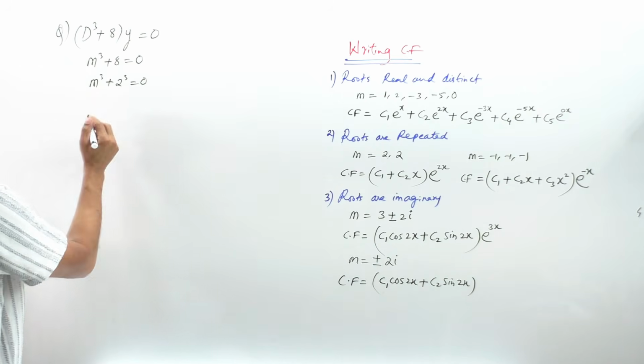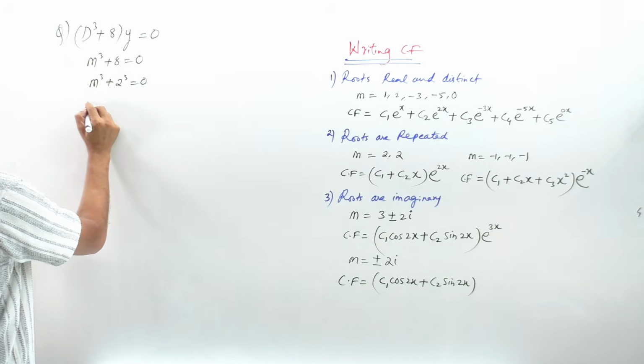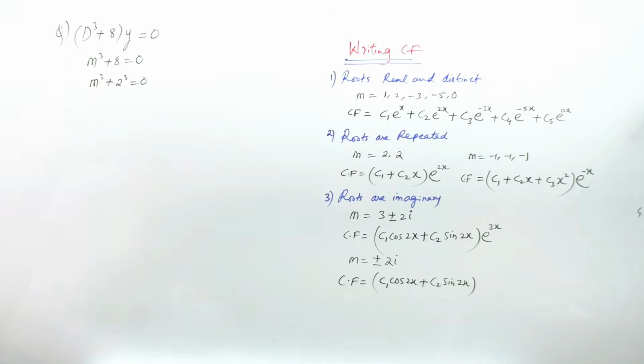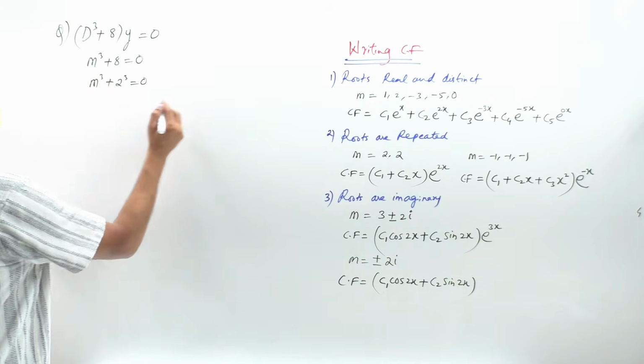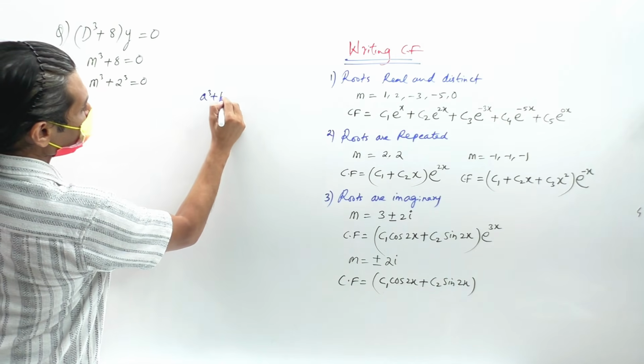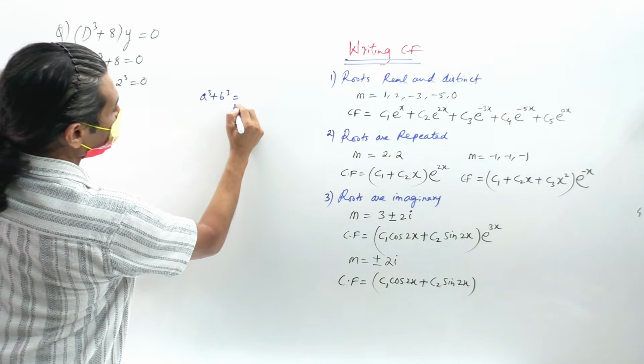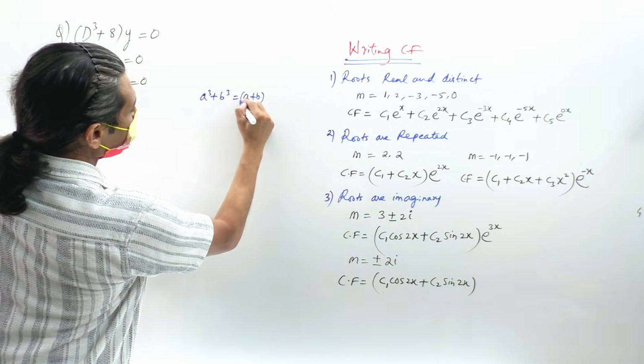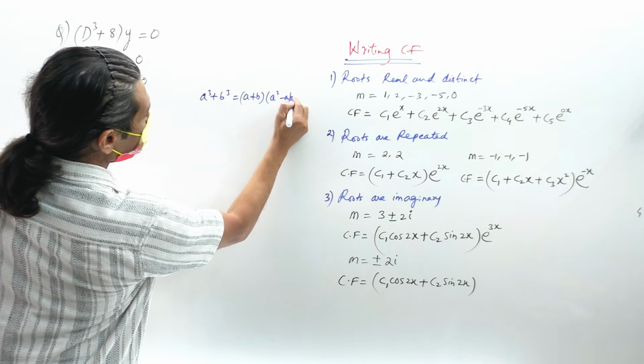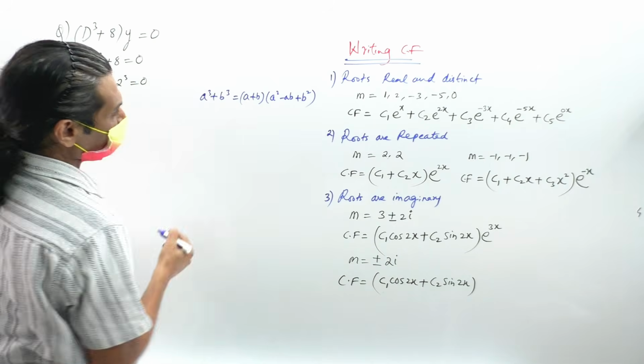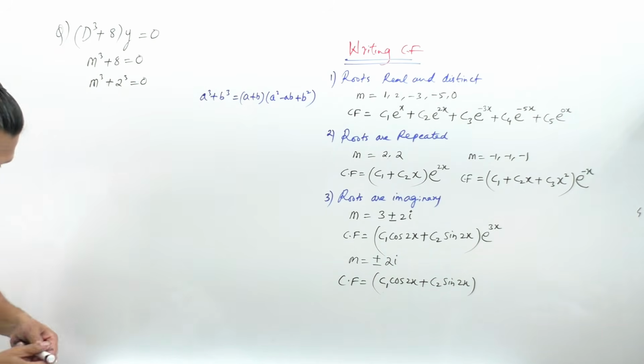Okay. So, a cube plus b cube, what formula? I will write it down. We had a cube plus b cube is equal to a plus b into a square minus ab plus b square. Okay, now listen very carefully.